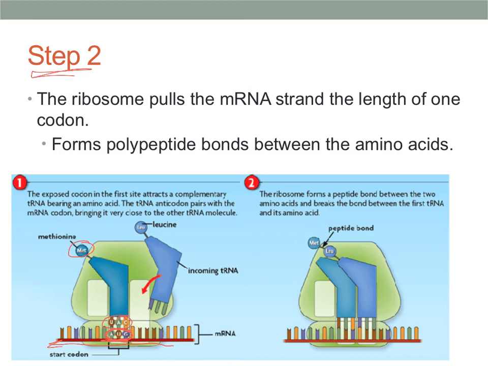Once that's attached, it'll pull it through 3 more bases, and we'll get to the next codon. In this case, it's coding for leucine. So this will get held in place. These two are held together. These things are in close proximity, where this bond will happen from leucine to methionine, and we have 2 amino acids in our chain. This will continue and continue all the way through until it reaches the end, or the stop codon. We keep adding amino acids to the chain until it is complete.